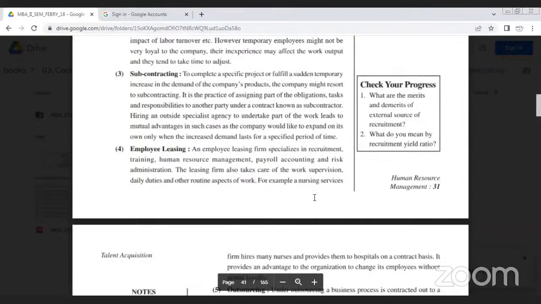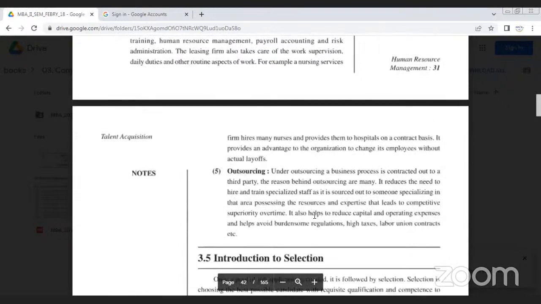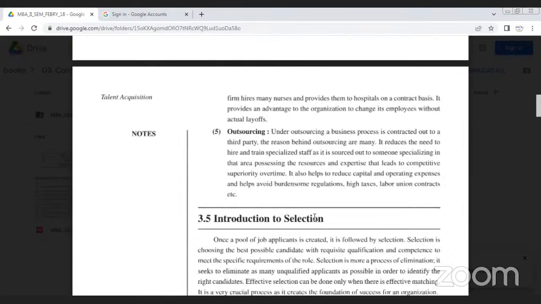Fourth, employee leasing. Employee leasing firms specialize in recruitment, training, human resource management, payroll, accounting, and risk administration. The leasing firm also takes care of work supervision, daily duties, and other routine work. For example, a nursing service firm hires many nurses and provides them to hospitals on a contract basis. It provides an advantage to organizations to change their employees without actual layoffs.